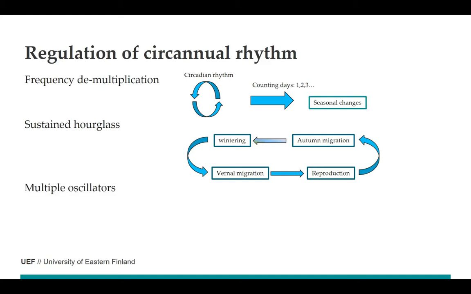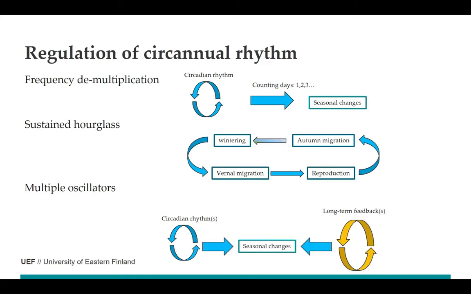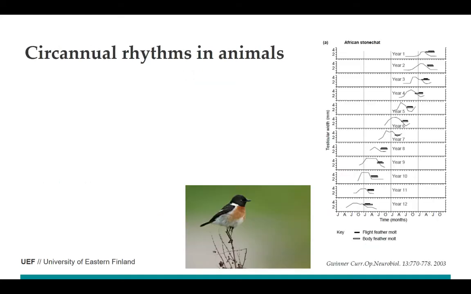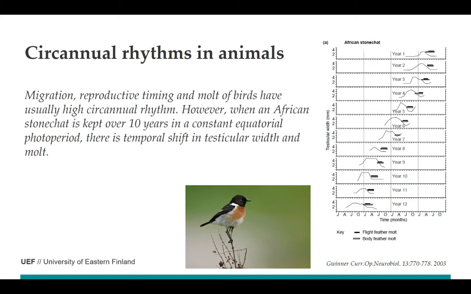But actually, most probably, it's going with multiple oscillators. So you have circadian rhythms, and they are affecting these long-term feedbacks, and these together are affecting the seasonal changes. And the rhythms can be found in animals even when they are kept in constant conditions.